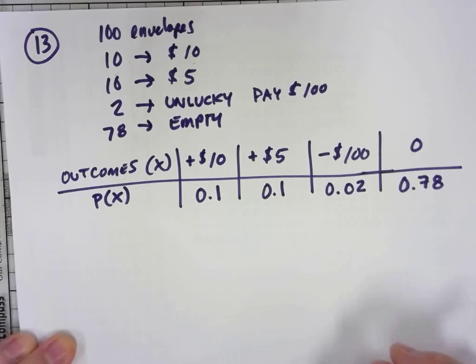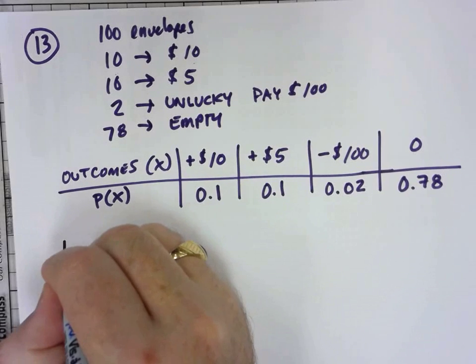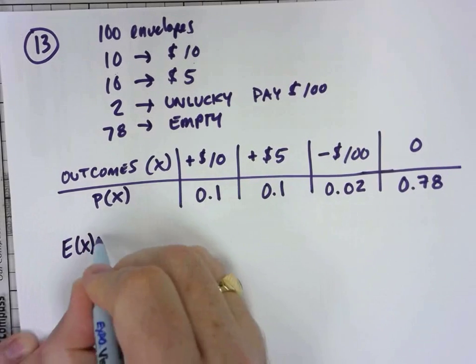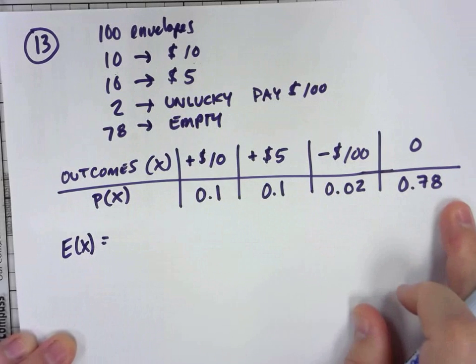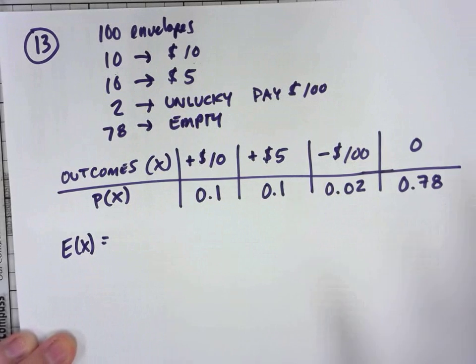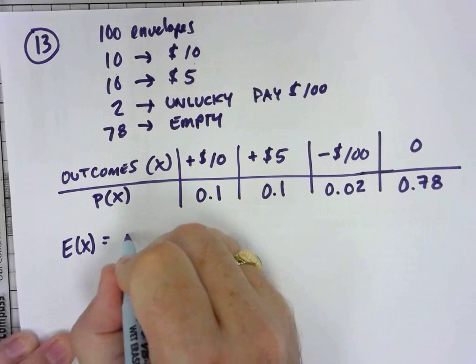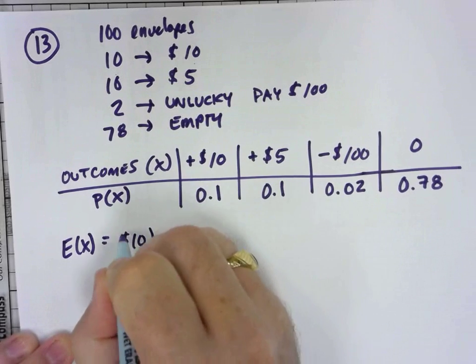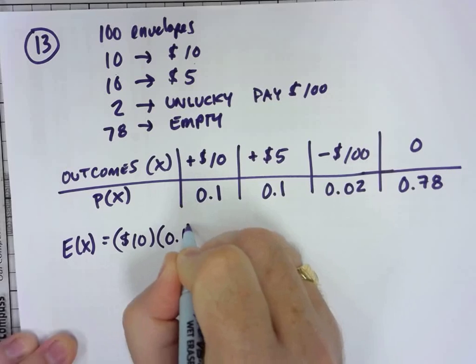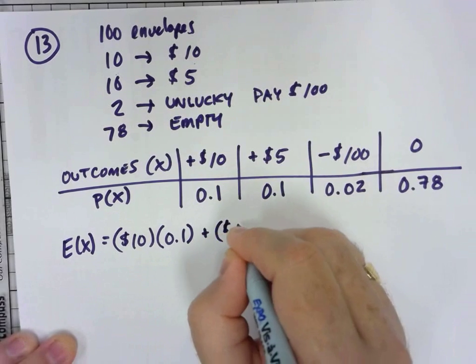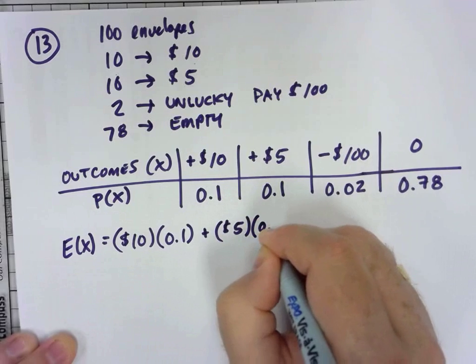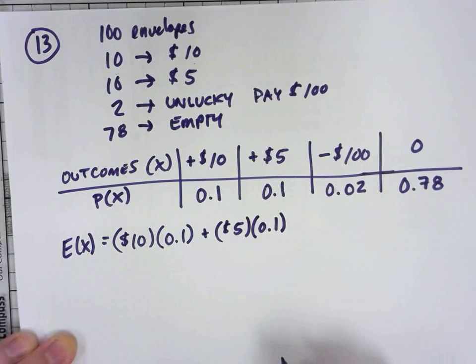Alright, so now what's the next step? The expected value is to just simply take each of these outcomes and multiply by its associated probability and then add them up. So you have a $10 times its probability of 0.1. You have $5 times its probability of 0.1.